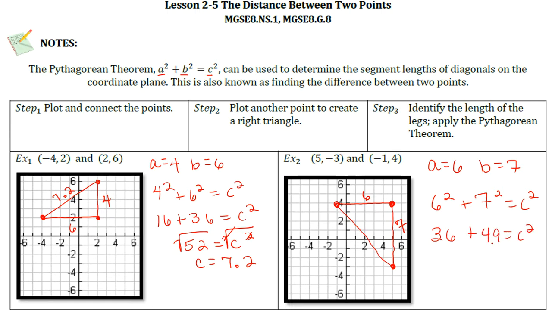We're going to add these together. It looks like we get 85. And we're going to take the square root of both sides. C is about 9.2 units. So this is about 9.2.